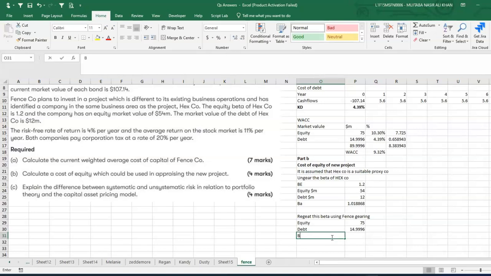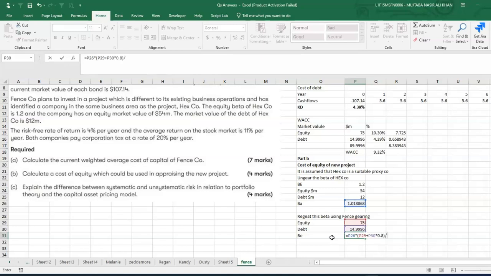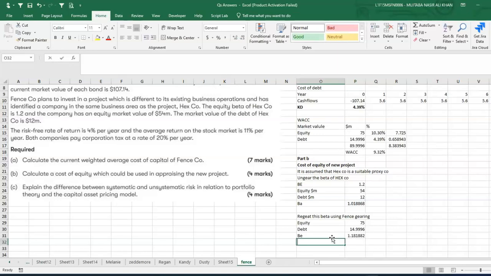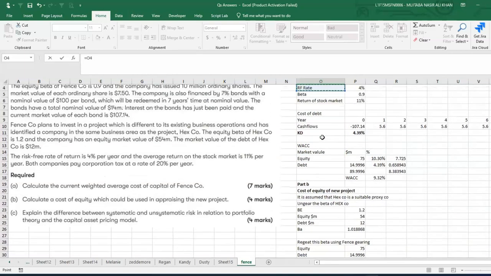Now let's calculate the beta equity. When you have beta asset, you will multiply equity plus debt into 1 minus t divided by equity. This is beta equity. Okay, risk-free rate is also given above.